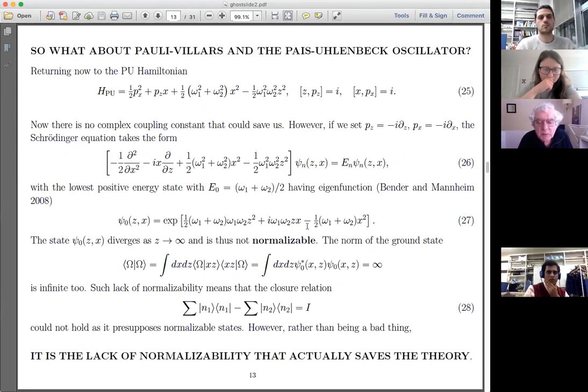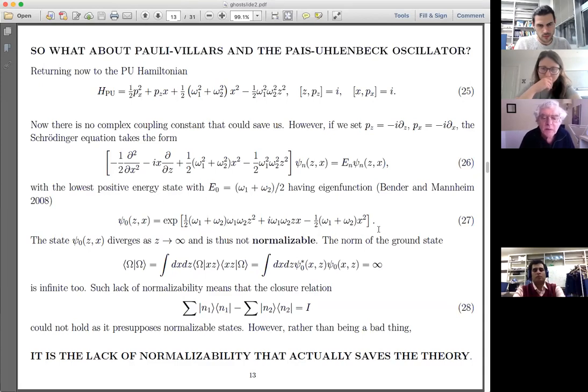And you notice that while it's minus x squared, over here it's plus z squared. This state is not normalizable. So if I calculate the vacuum, integral dx dz, put in the complete set of states, psi star psi, it's infinite. This is not a normalizable state. If you wanted to consider the other possibility, the negative energies, you would find they weren't normalizable either.